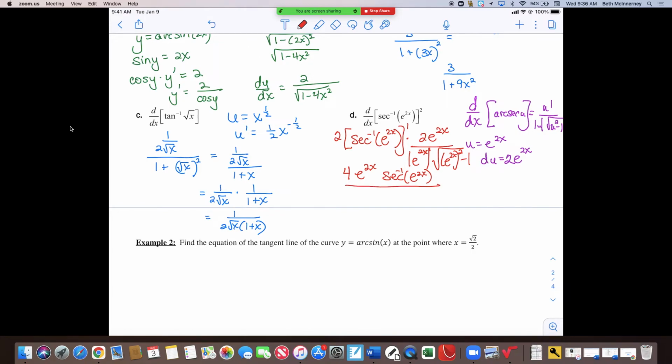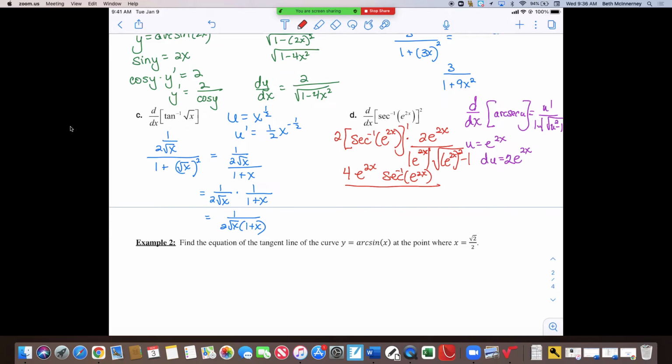Now let's stop and think here a minute. They would not mark it wrong if you left the absolute value of e to the 2x. But what we know, and I've been doing exponentials with my Algebra 2, is that e to the 2x looks like this. It has this general shape, and it has a horizontal asymptote of y equals 0, or the x-axis. So e to the 2x is always positive, right?